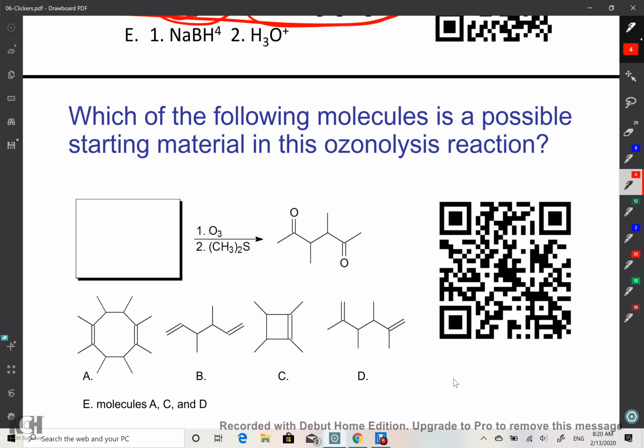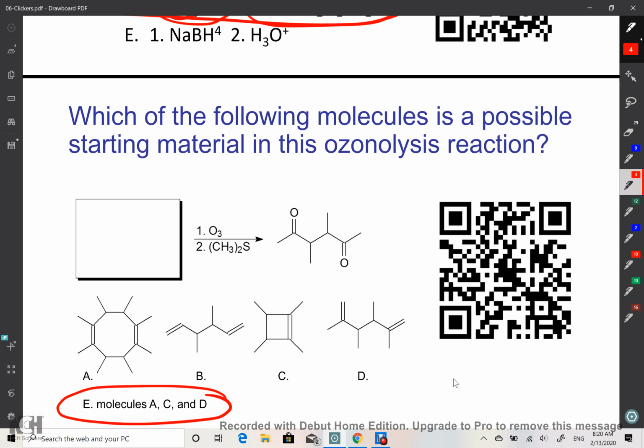E says molecules A, C, and D. The correct answer is E.